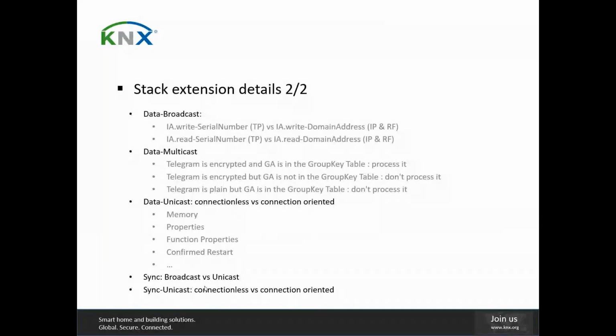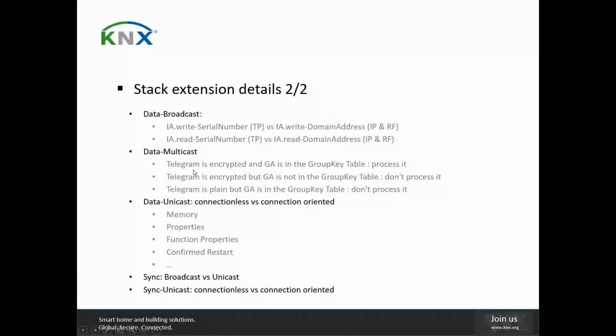So concretely, what needs to be done in order to process a data multicast telegram properly? Well, a few things that I put here on the slide need indeed attention, for example. I just listed three. There's of course more, but those are the three most important ones, I guess, at least.